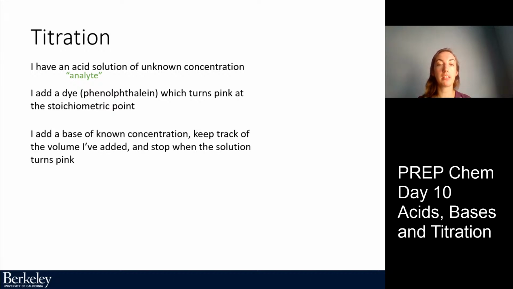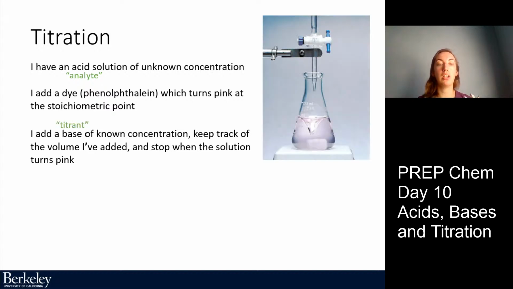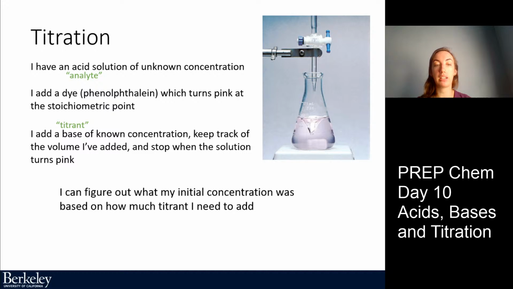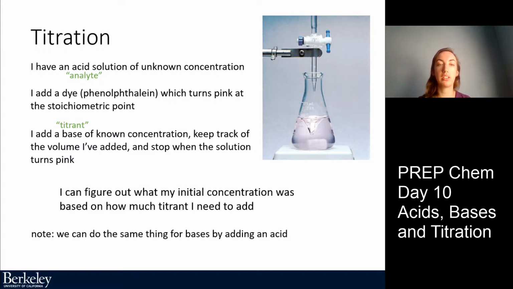And I add a base of known concentration. Based on how much of that titrant, how much of that base I need to add in order to reach the stoichiometric point, I can figure out my initial concentration. And we can do this vice versa with acids versus bases. The product of the neutralization reaction is just going to be salt and water.